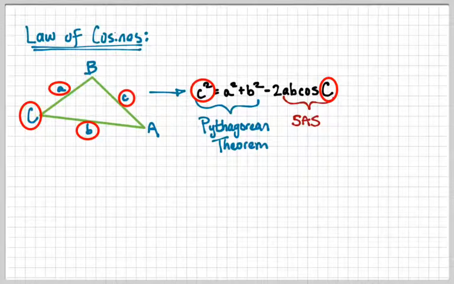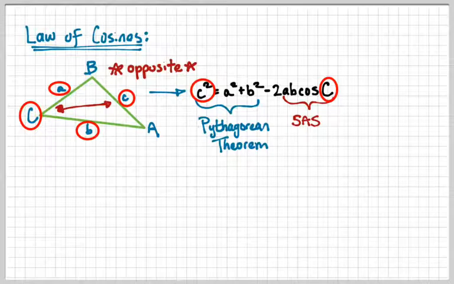They are opposite or across from each other, and that's going to help us think about how to set the equation up. Instead of just memorizing the equation, it's important to understand what the letters represent in the triangle, and that it's just really a relationship between sides and angles. It doesn't really matter what A and B are, but C has to be opposite each other.